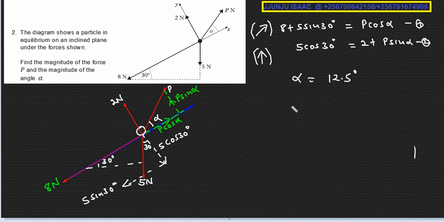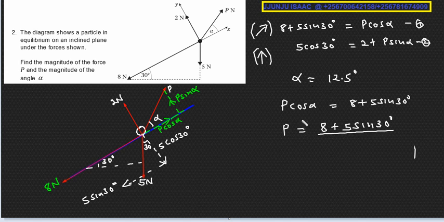So if P cos alpha is equal to 8 plus 5 sine 30 degrees, then my P is going to be 8 plus 5 sine 30 degrees divided by cos 12.5 degrees.